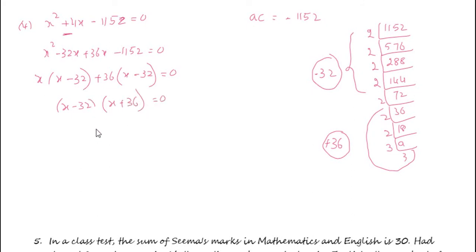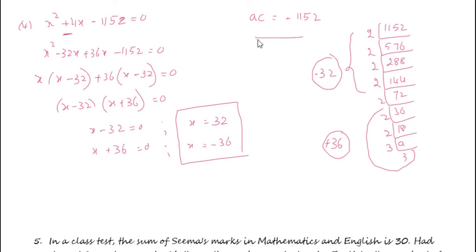Now individual linear factors you equate to 0. x minus 32 is 0, x equal to 32. x plus 36 equal to 0, therefore x equal to minus 36. These are the two roots of the quadratic equation x square plus 4x minus 1152.